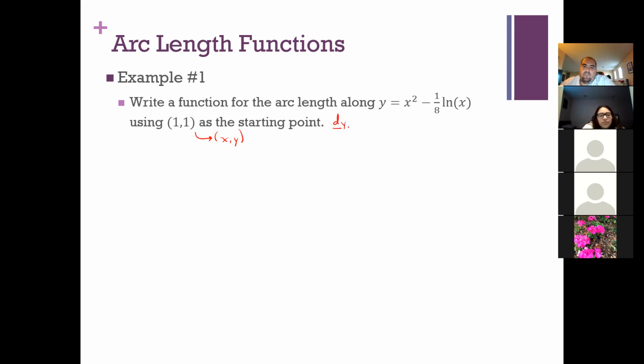So we know we're going to need a derivative. Let's go ahead and take that. So it'll be 2x minus 1 over 8x. Now that I have this derivative, what should I do with it next? Square. Go ahead and square it.